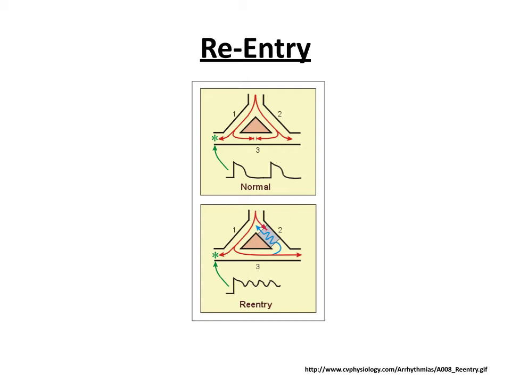So what happens in this top part is the normal situation, where an electrical signal will be coming down, and the signal, as these little arrows show, spreads throughout the tissue the way it's supposed to. With reentry, you get the electrical signal coming down, and there'll be areas that the signal's not going to get to that it would normally get to.